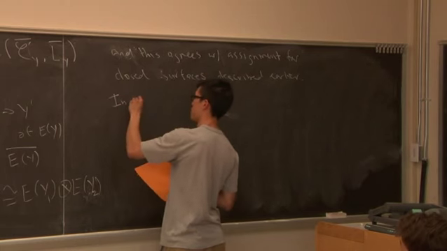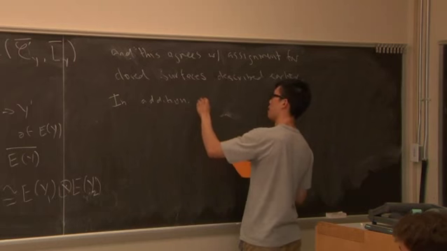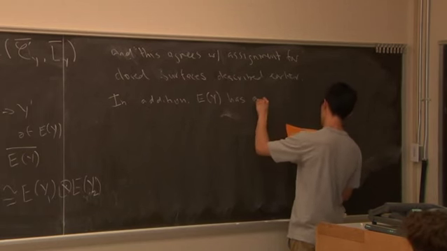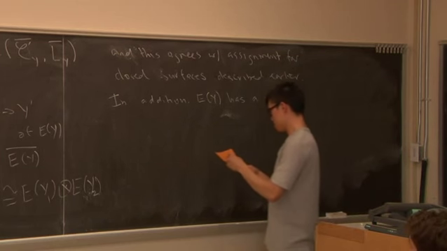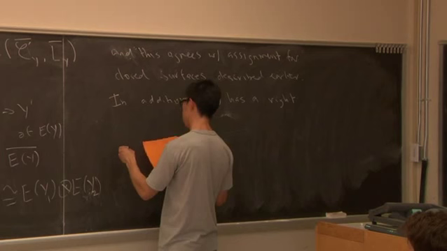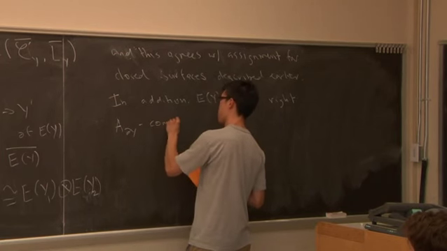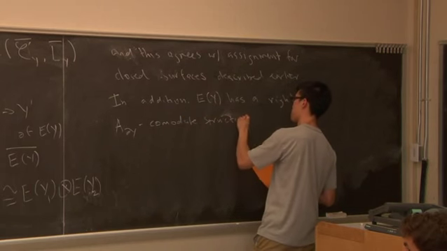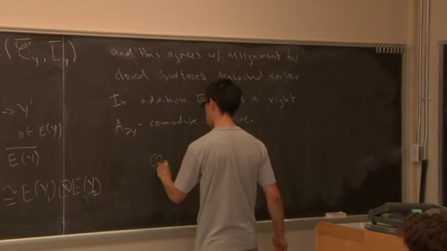And another sort of important thing here. So in addition, E of y has a right boundary of y comodule structure, and it works in largely the way that you would imagine.